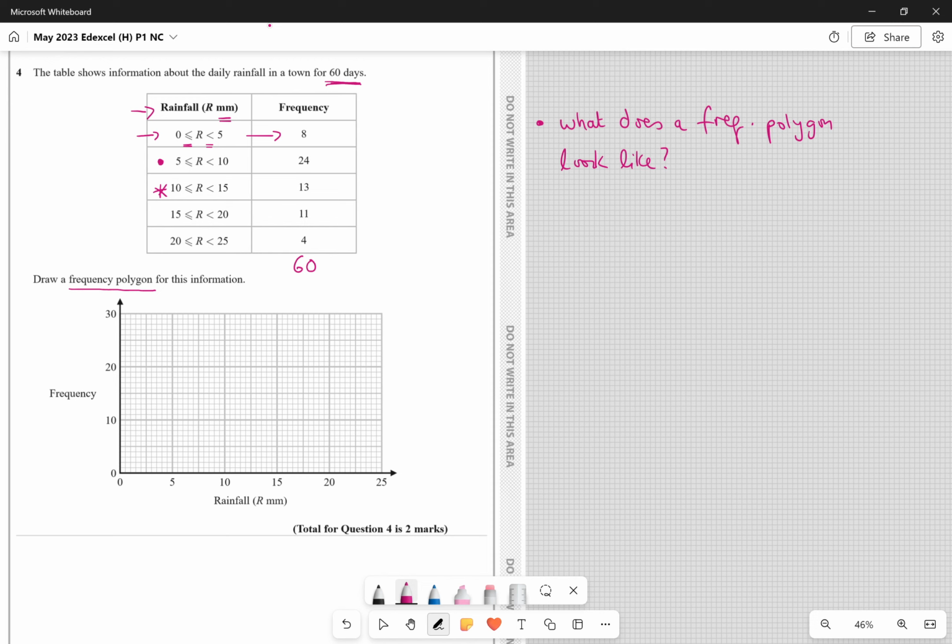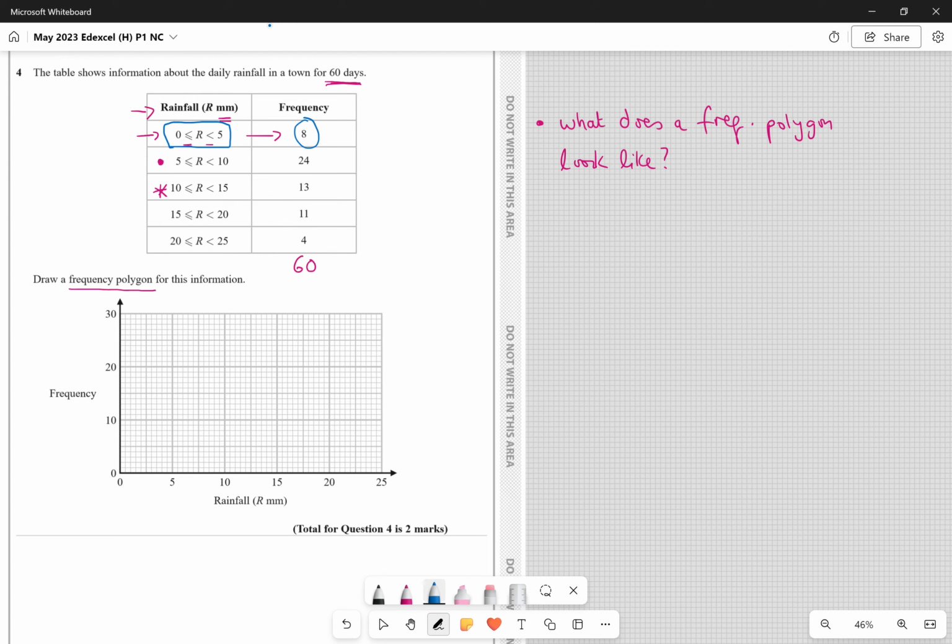The next thing to think about is I am expected clearly to plot these points on this graph here. Where do I plot the points? I know that 8 days had rainfall between 0 and 5 millimeters. But where do I plot those 8 days?